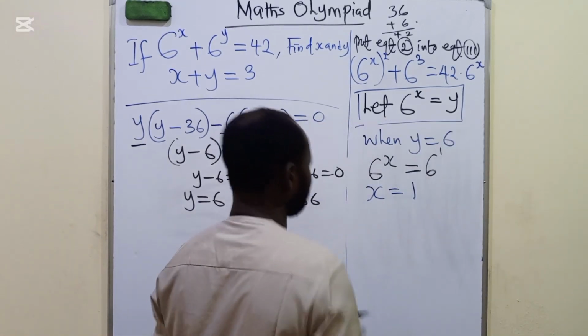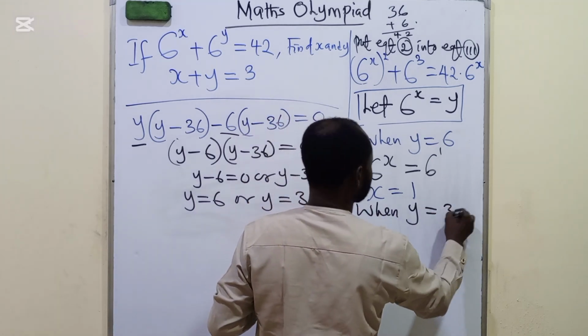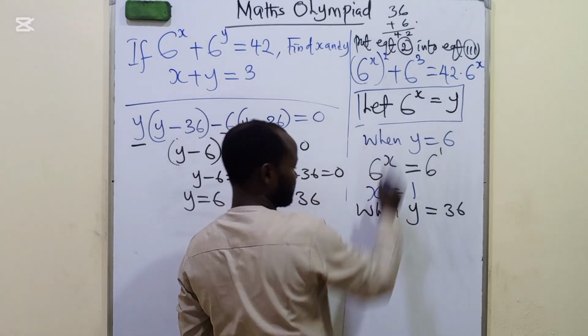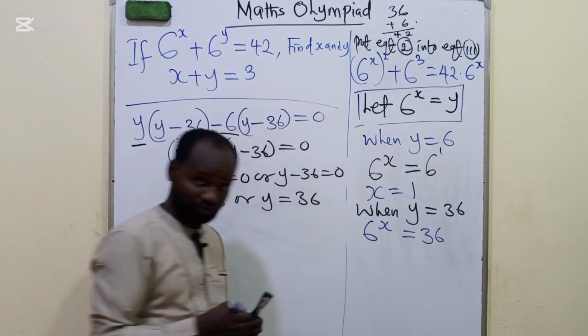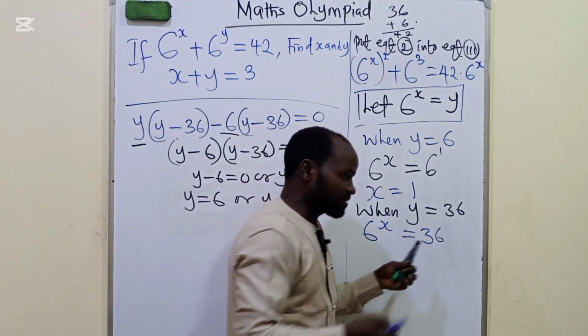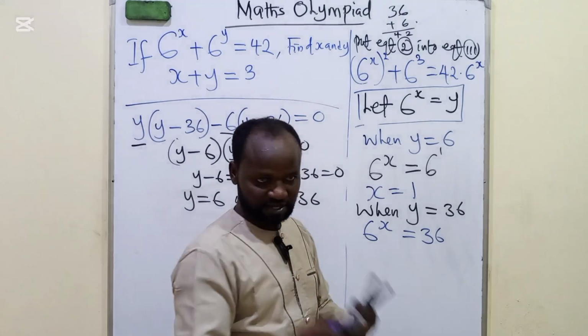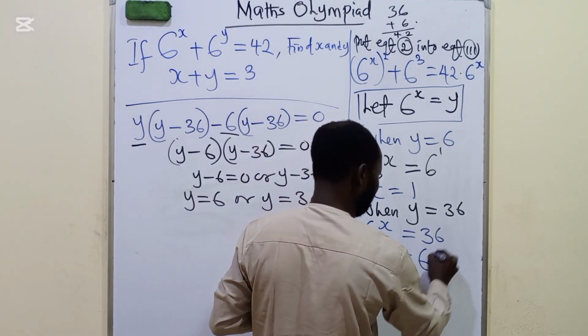Very important. Then when y is equal to 36, what will be the value of x? We replace it into this. We have 6 power x equals 36. The bases are not the same, but this 36 can be expressed as 6 power 2. That is 6 times 6, which is 36. So 6 power x equals 6 power 2.